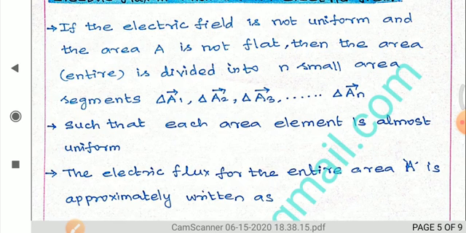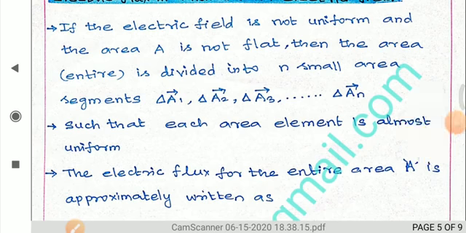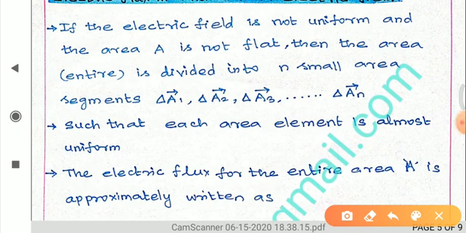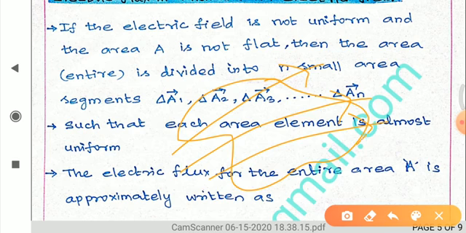In this case we have to divide the surface into a large number of area elements. For example, if we consider this is the area and the electric field is also not uniform, then how can we calculate? Here we take the total area and divide it into a large number of area elements.